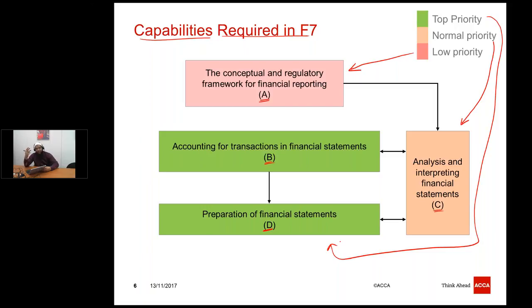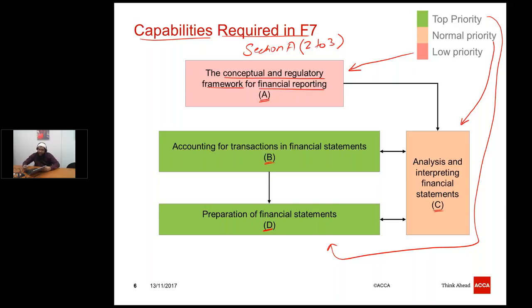So there are 3 types of different areas: the conceptual and regulatory framework for financial reporting. The framework is normally asked in section A. So you can expect 2 to 3 questions from the regulatory framework, which includes both the conceptual framework and the regulatory framework.